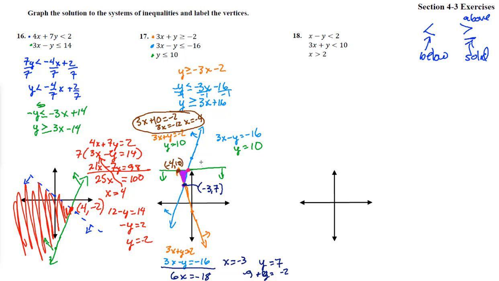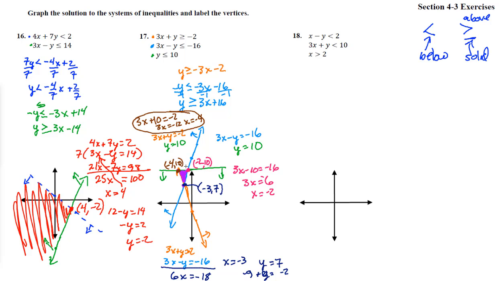So let's stick it in and we get 3x minus 10 equals negative 16. Add 10 over, we get 3x equals negative 6. X equals negative 2. So that's negative 2, 10. So we have 3 corners on this particular one, and we had to cross the lines 2 at a time to get these 3 corners.